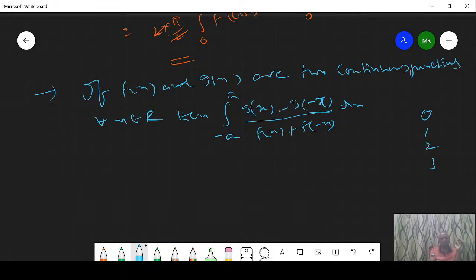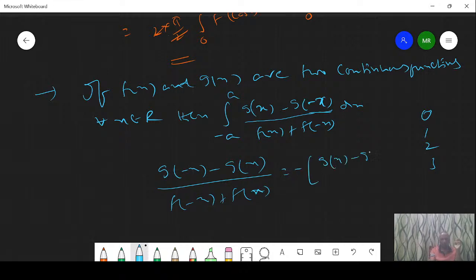Replace x with minus x: g of minus x minus g of x, in the denominator f of minus x plus f of x. I have taken minus common. This will be g of x minus g of minus x by f of x plus f of minus x, the denominator is the same. That means the given function is odd.